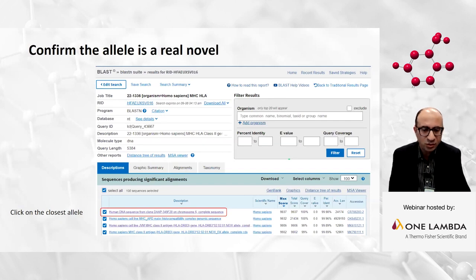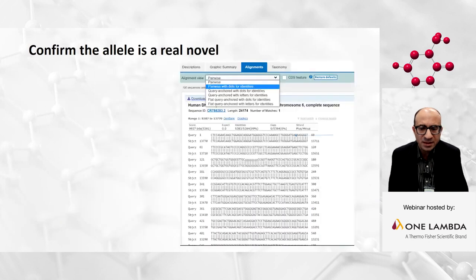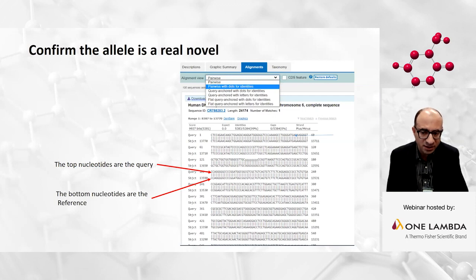To do that, I just click the first allele, and this will open a new window. From this new window, you can see the sequence that you selected compared to the sequence that you uploaded. On the top is the sequence that was submitted, and the bottom is the reference sequence that was just selected.